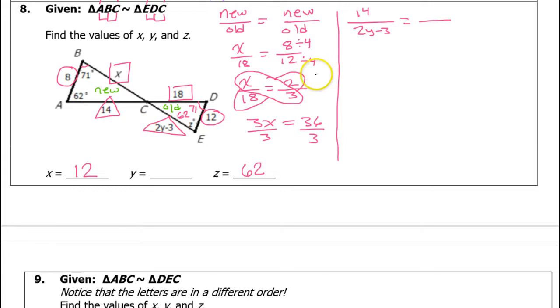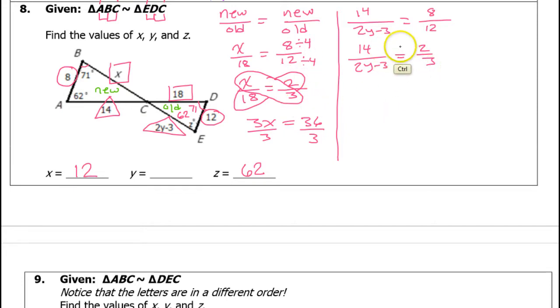Okay, now I can use the same 8 over 12 that I used last time. So I could put 8 over 12 right here, and just like last time, I know that's going to reduce down to 2/3. Again, it's the same numbers.